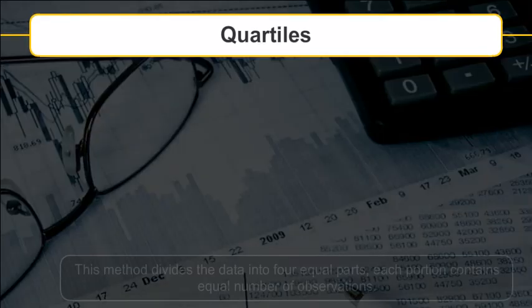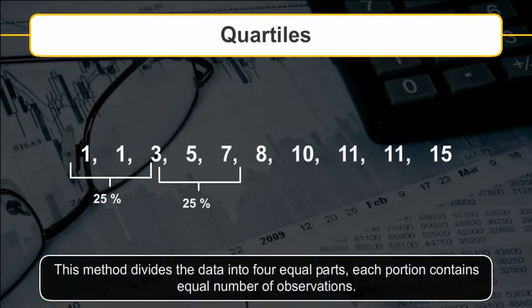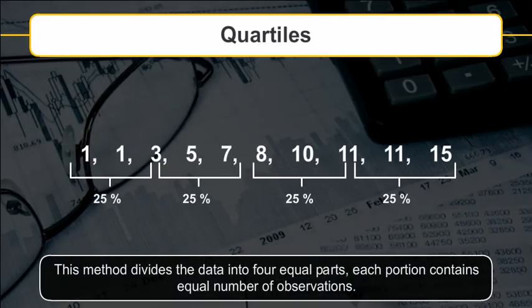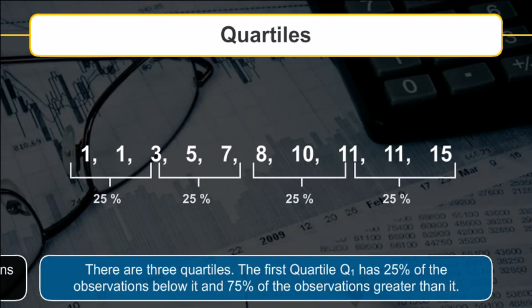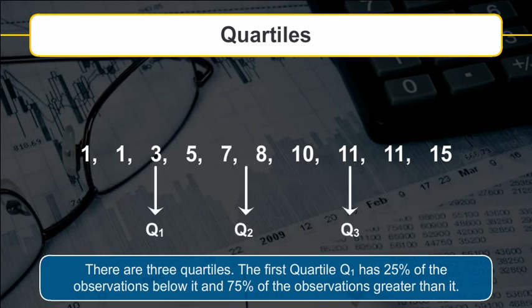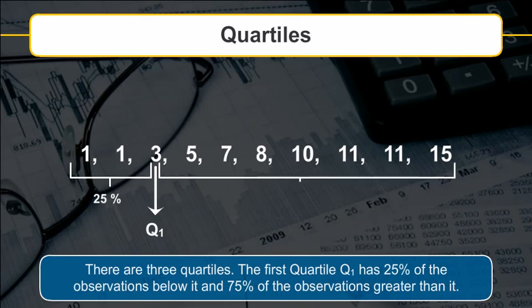Quartiles. This method divides the data into 4 equal parts. Each portion contains equal number of observations. There are 3 quartiles. The first quartile, Q1, has 25% of the observations below it and 75% of the observations greater than it.